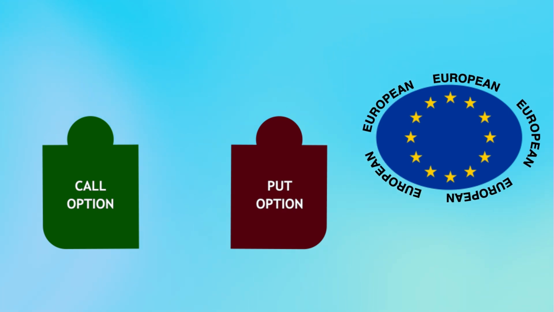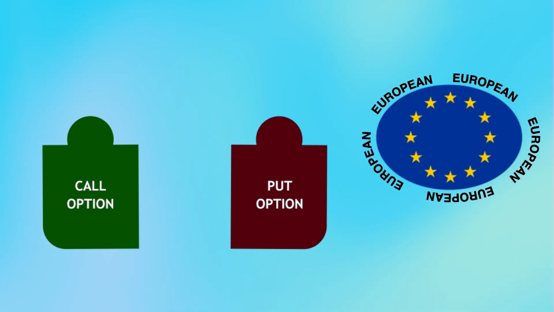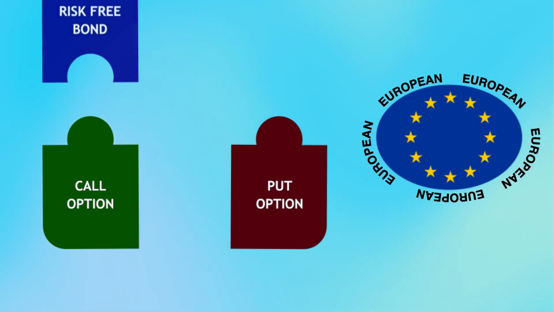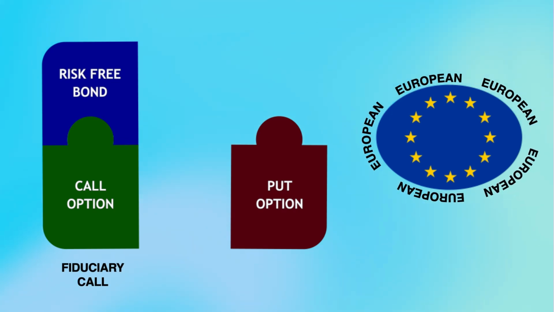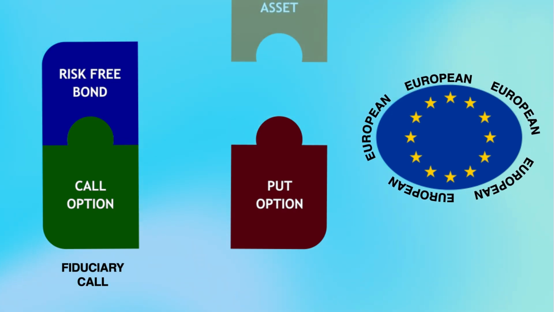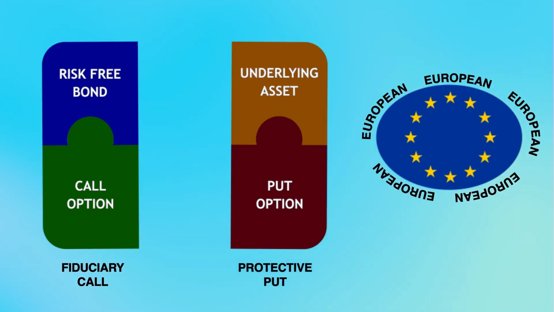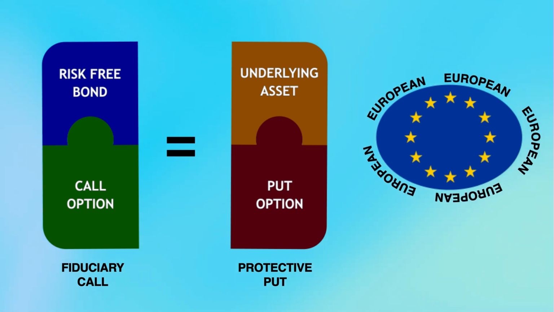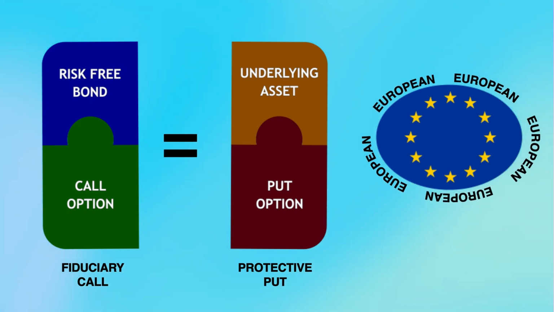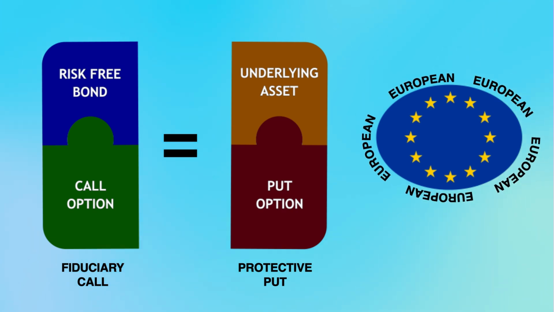The theory works by creating two hypothetical portfolios, one with a call option and a risk-free bond, known as a fiduciary call, and another with a put option and the underlying asset, known as a protective put. The put call parity states that these two portfolios have the same value. So if we have the value of the call option, we can determine the value of the put option. But let's explain why this is the case.